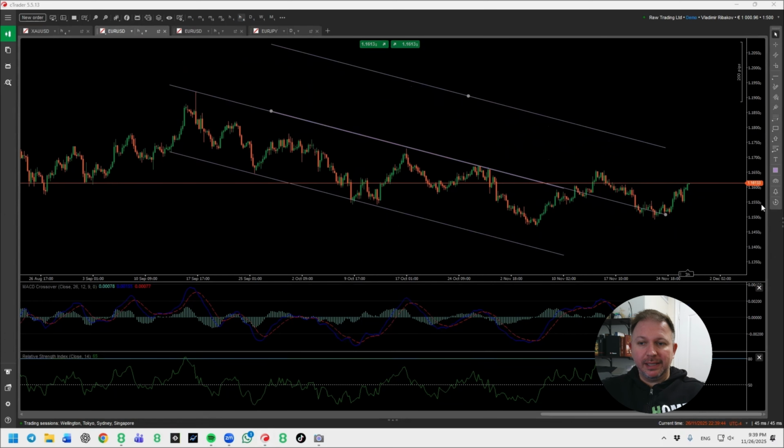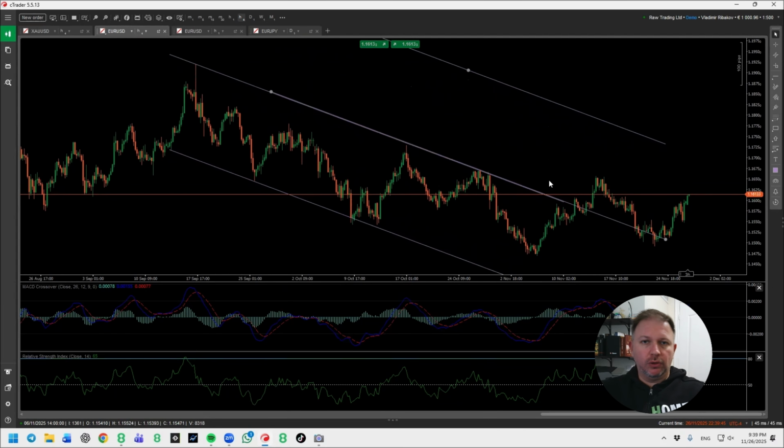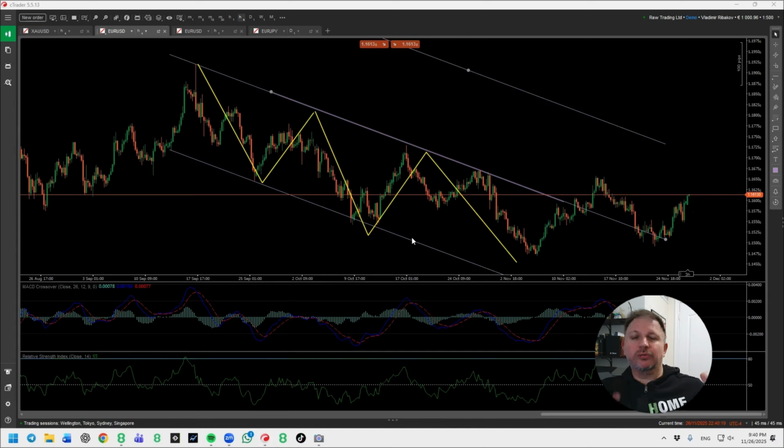Once it manages to break out of the ongoing channel, wait for the price to close above, go for a retest, bounce back on the retest as it happens here, and that's your opportunity to start looking for the buys up to where you put the parallel lines, and it gives you some sort of indication up to where it can go. You will note that the waves inside the channel usually have the same sort of angle.